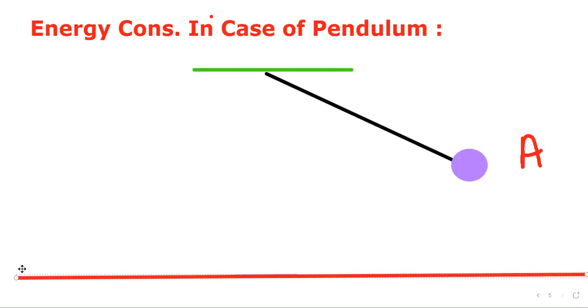Now you can see that initially, when it was at mean position, its height was 0. Now it is at position A, where its height is not 0, it has some height.